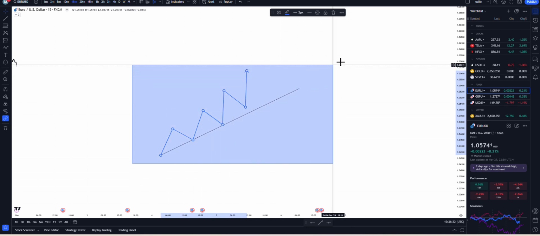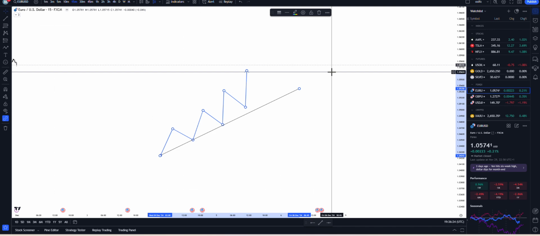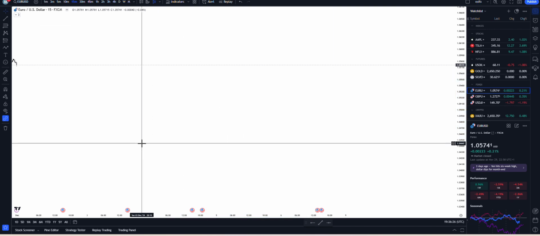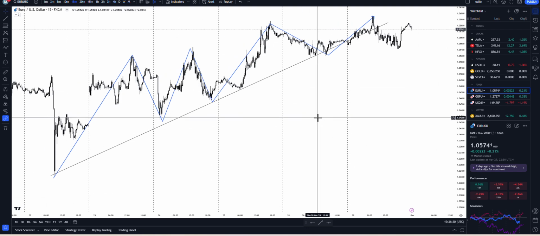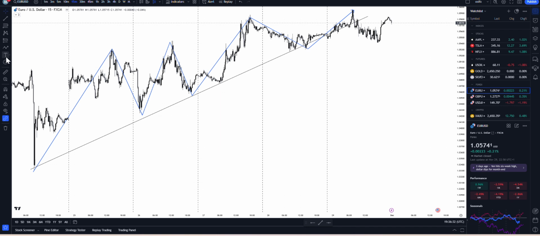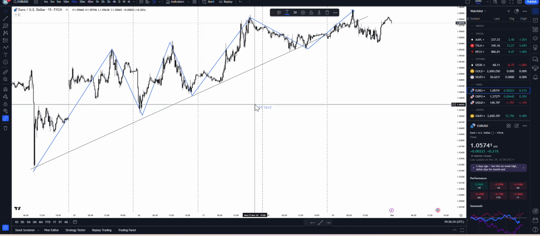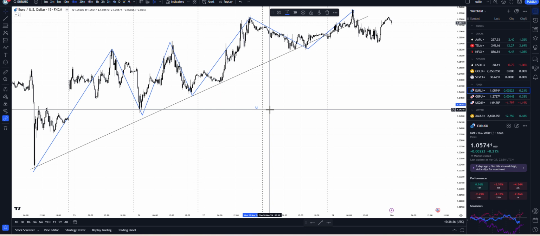So for uptrend, I'm going to write this for you. For uptrend, you draw your trend line below. Just write it down and I will explain. Uptrend, you draw your trend line below.